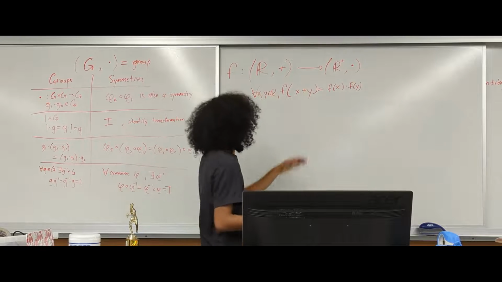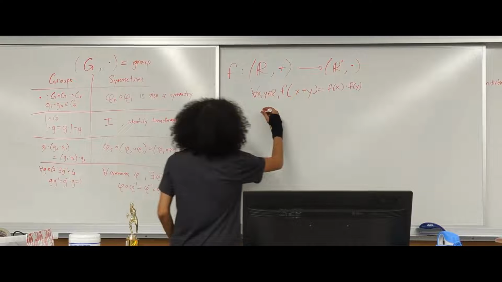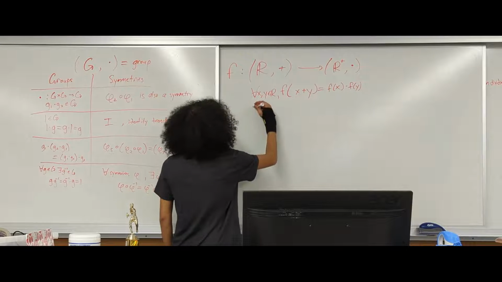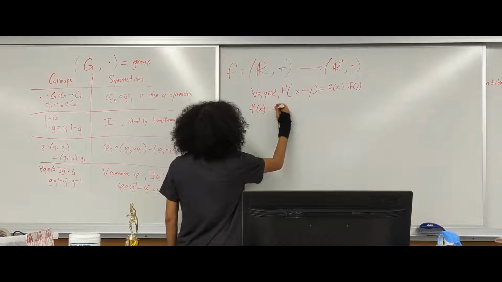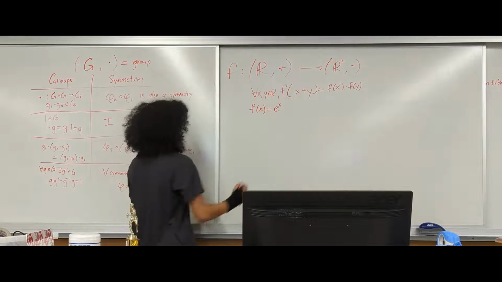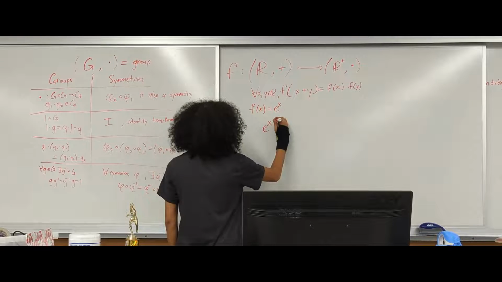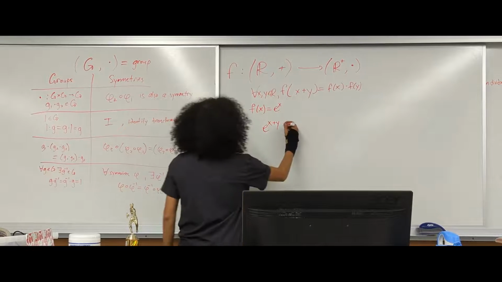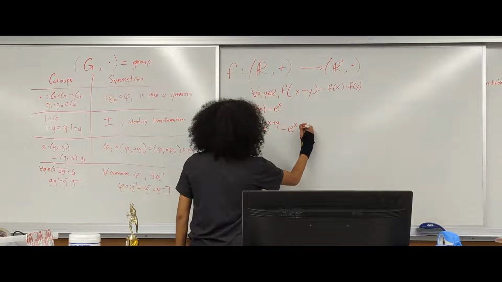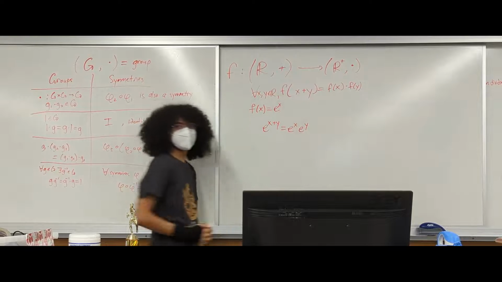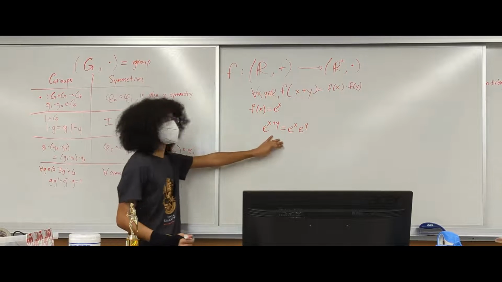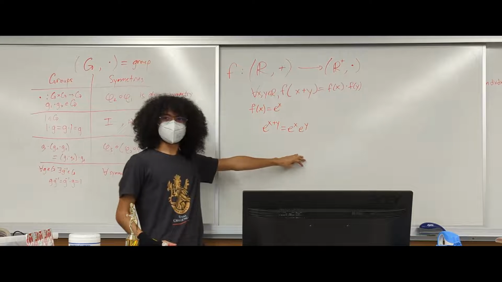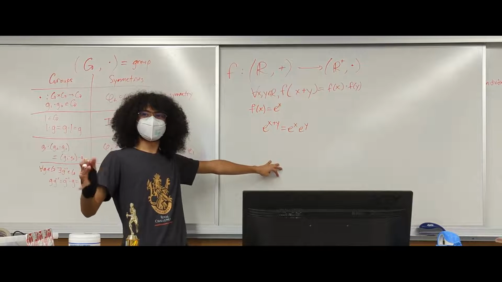Yeah, exactly. So an exponential, let's make our life easier and talk about e to the x. E to the x plus y is equal to e to the x times e to the y. And this is something, maybe not with e, but since like middle school? Yeah, maybe middle school.